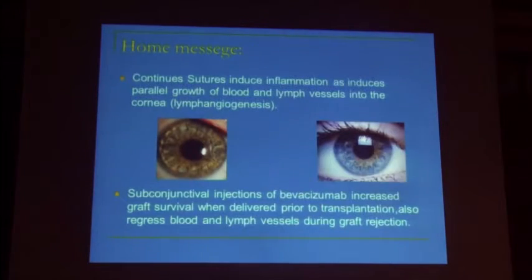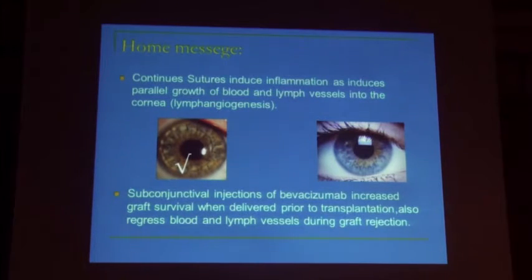The second thing: continuous suture-induced inflammation induces parallel growth of blood vessels and lymph vessels into the cornea, called lymphangiogenesis, so it's preferred to use interrupted sutures in a patient at high risk of rejection, better than continuous sutures, because the T lymphocytes go through the tunnel with a continuous suture from one quadrant to the other, increasing the risk of rejection.